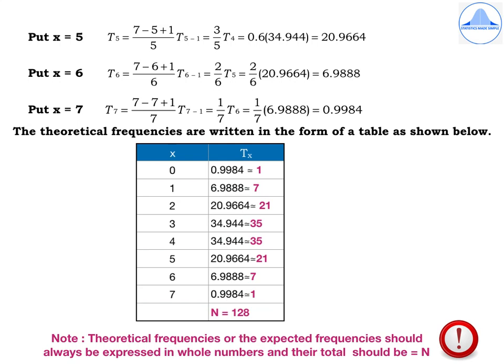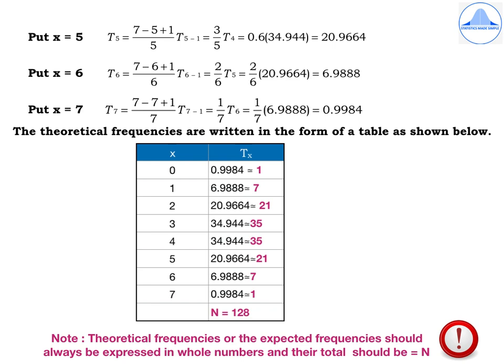So we cannot have all these in the form of decimals. That's why whenever we get the theoretical frequencies in the form of decimals, we should round them off to the closest whole number. And importantly, always check the value which is there after the decimal. You know that only if the value after the decimal is 5, or if it is a value greater than 5, only then we can round off. So that's what we have done in this particular problem.